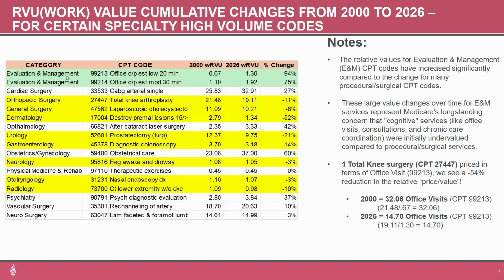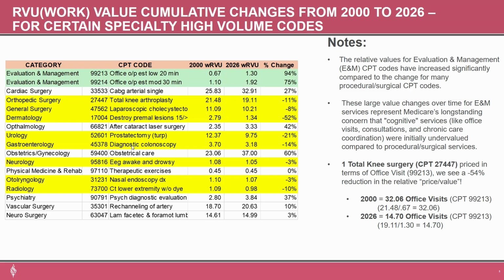If we look at evaluation and management codes 99213 and 99214, the relative work value in 2000 was 0.67 and 1.1, and those values now in 2026 are 1.3 and 1.92, a change of 94% and 75% respectively.